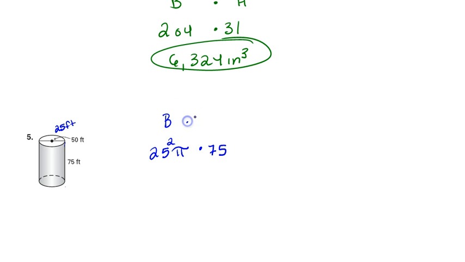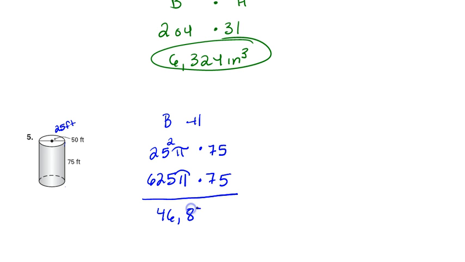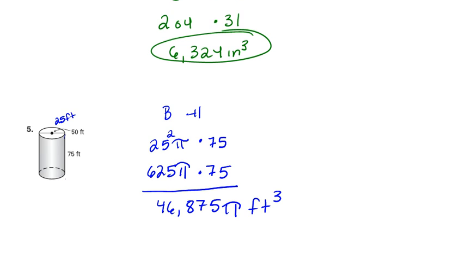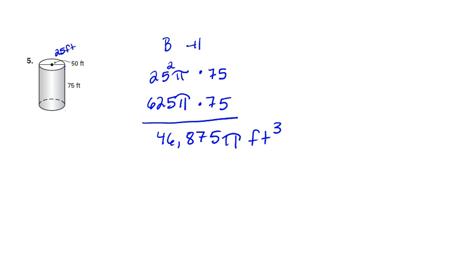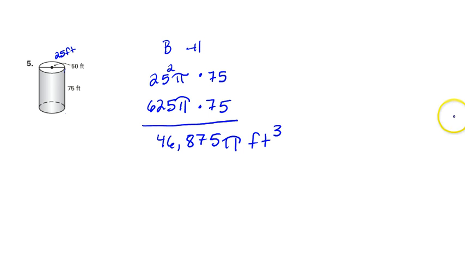So I've got my base times my height. 25 squared is 625 pi, times 75, which is my height, which will give me 46,875 pi. And again, we're talking about cubic feet, because we're talking about how many little 1 foot by 1 foot by 1 foot cubes will fit inside my cylinder. So this would be my answer.